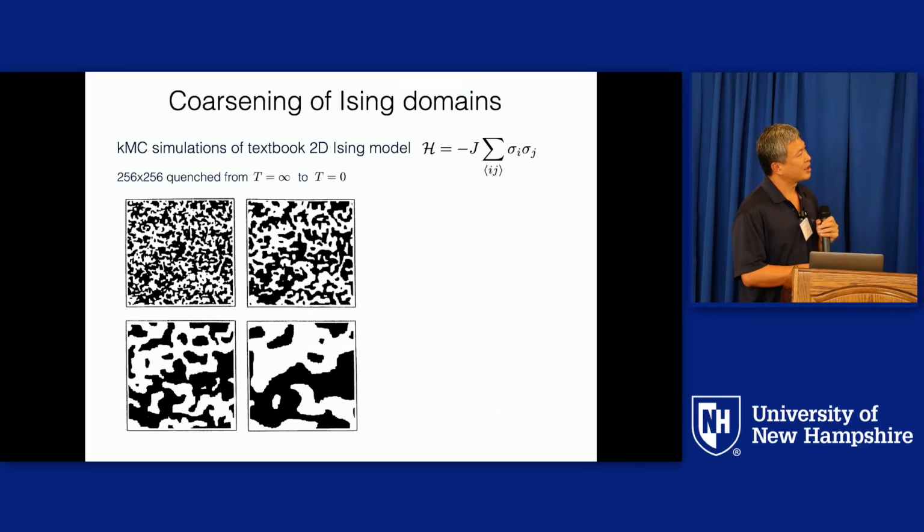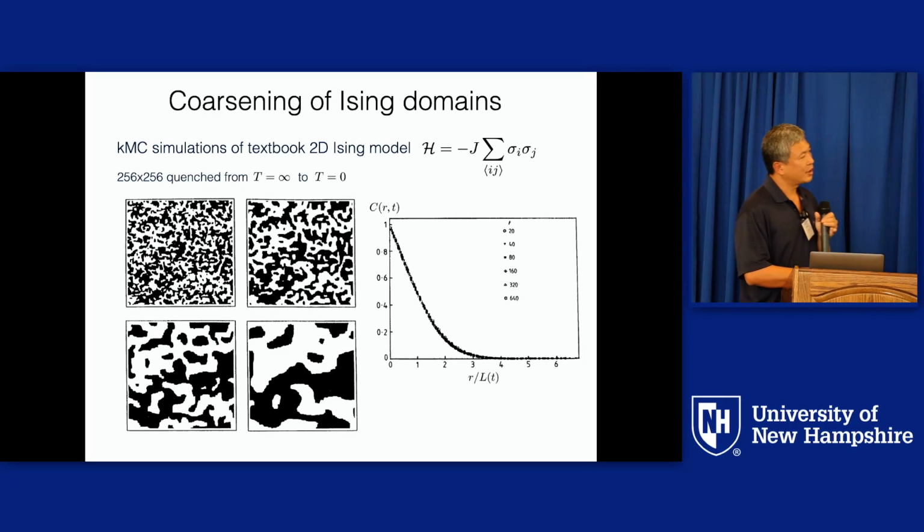So just a quick review of what I mean by coarsening dynamics. For example, if you do Monte Carlo simulation on the textbook two-dimensional Ising model, you start from a random configuration, and then you suddenly quench it to like 0 temperature, and you see the formation of ordered domains, and they become larger and merge with each other, and this is the coarsening process.